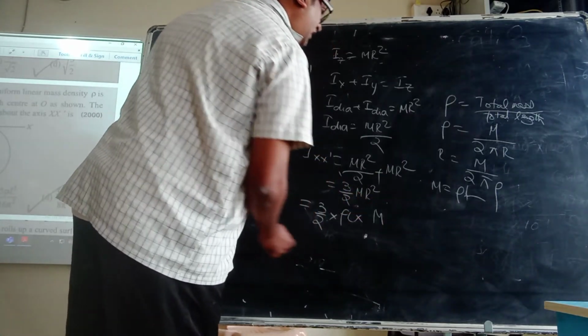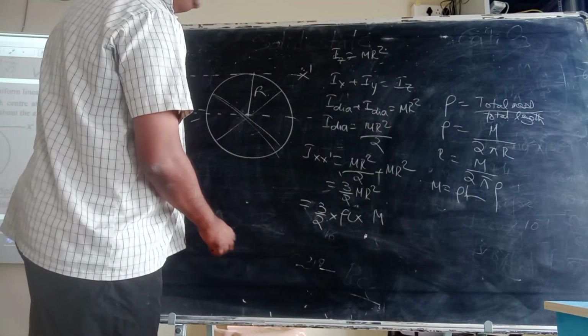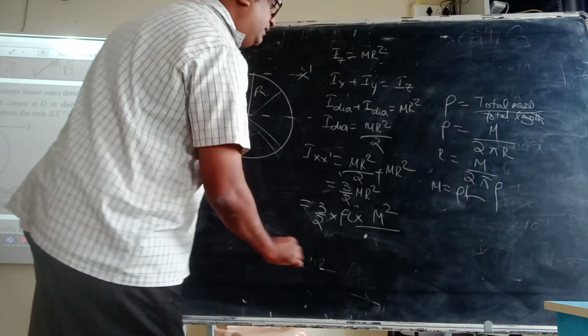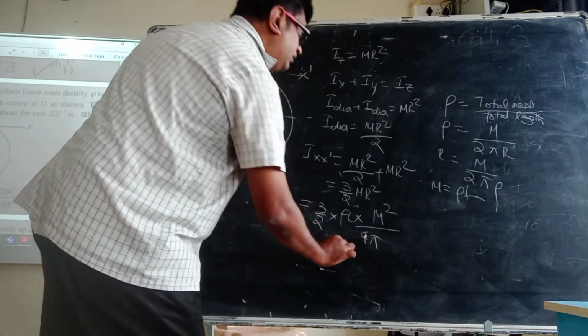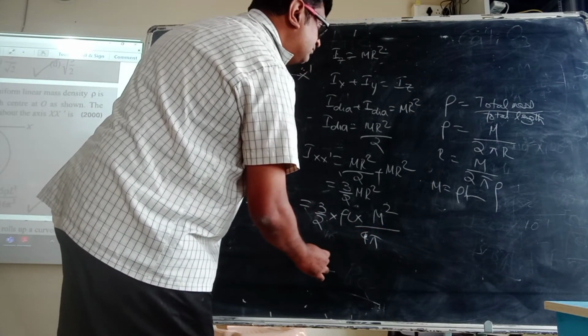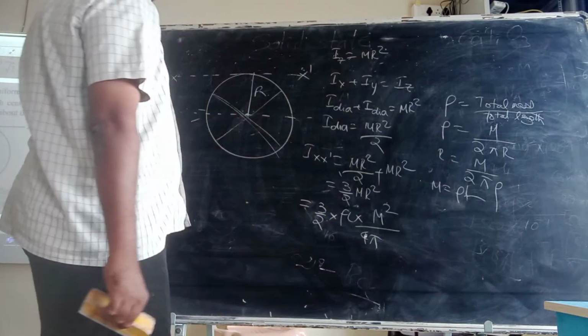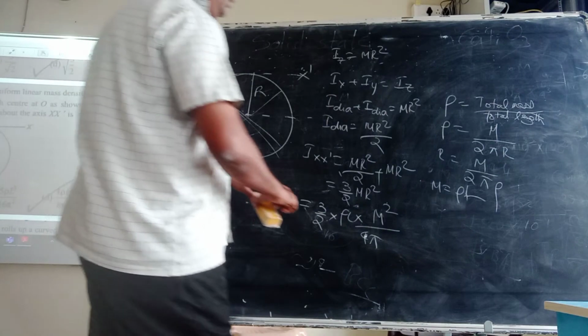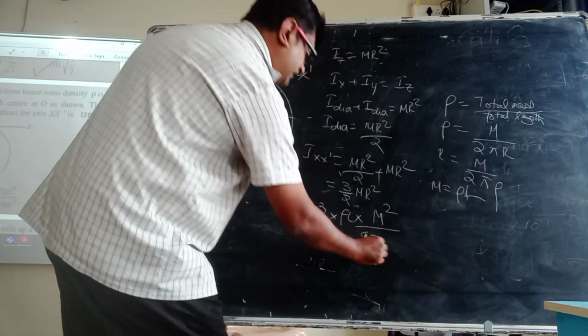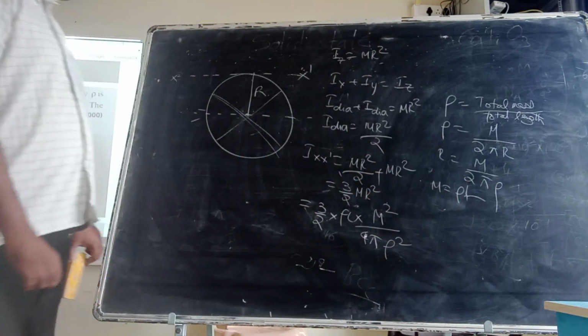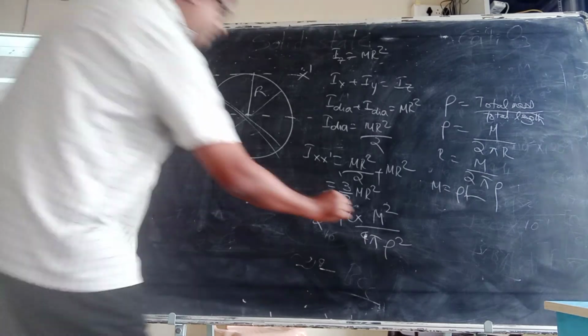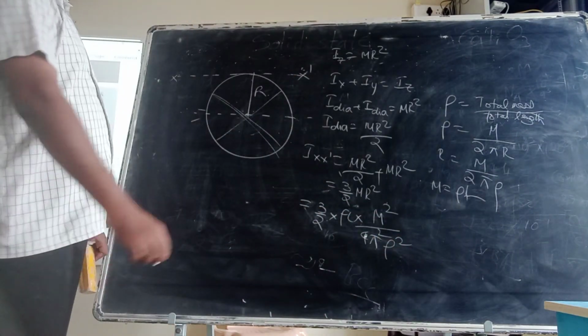M square divided by 4 pi square rho square. Pi square by rho square. Right?